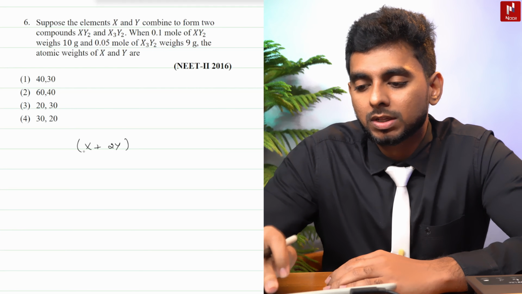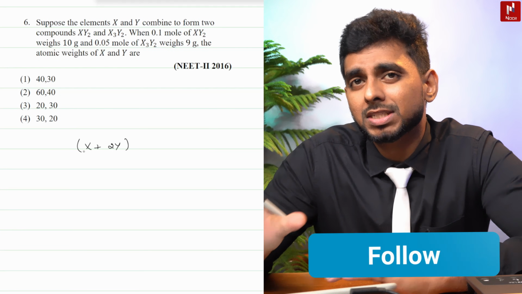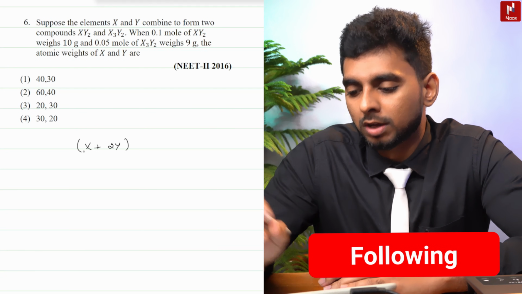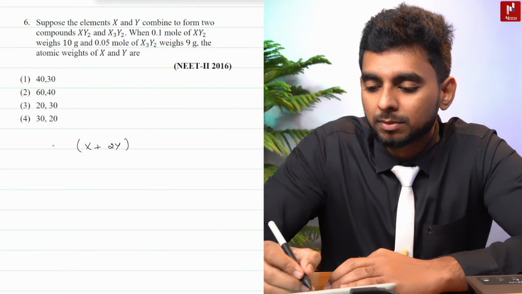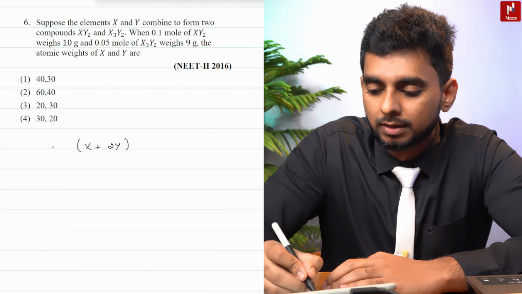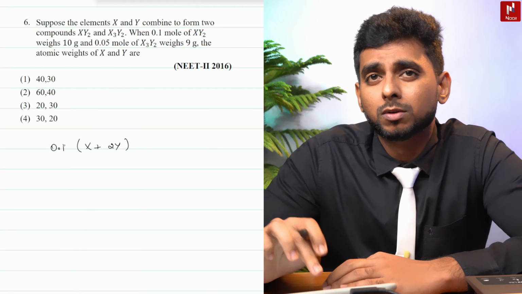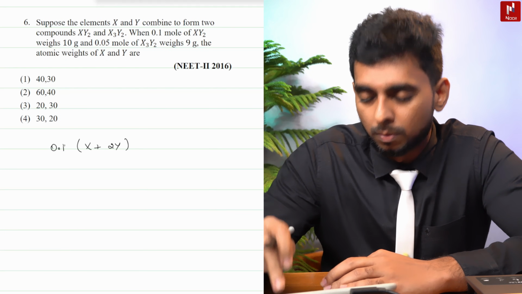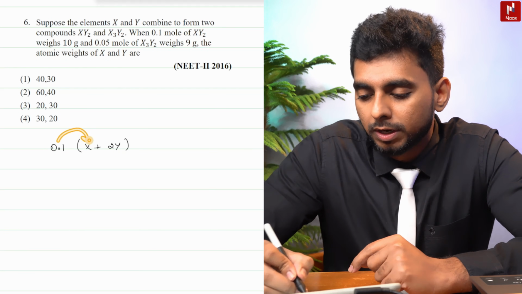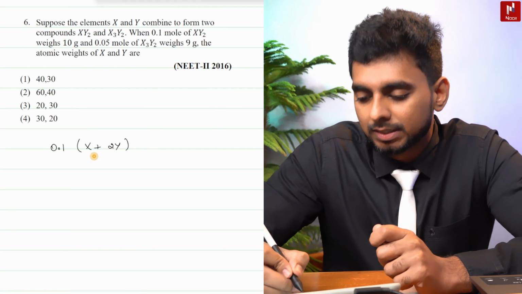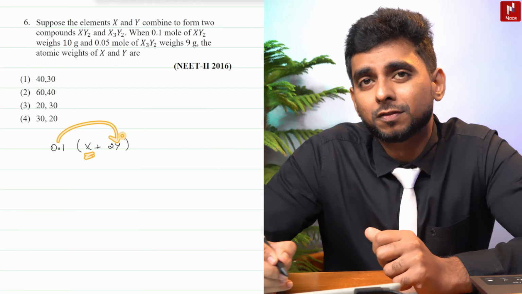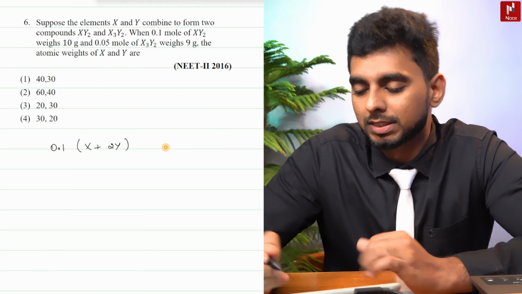But in this question, I have just taken 0.1 mole of XY2, which means I'll have to multiply 0.1 before it. So in 0.1 mole of XY2 compound, I'll have 0.1 mole of X element, same way 0.2 mole of Y element, right? So that's the logic, isn't it?